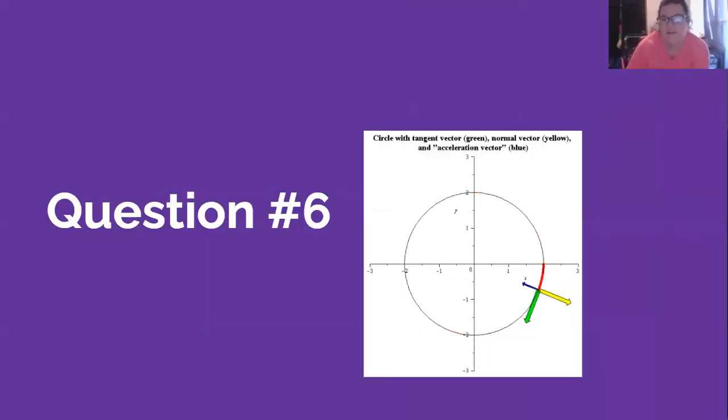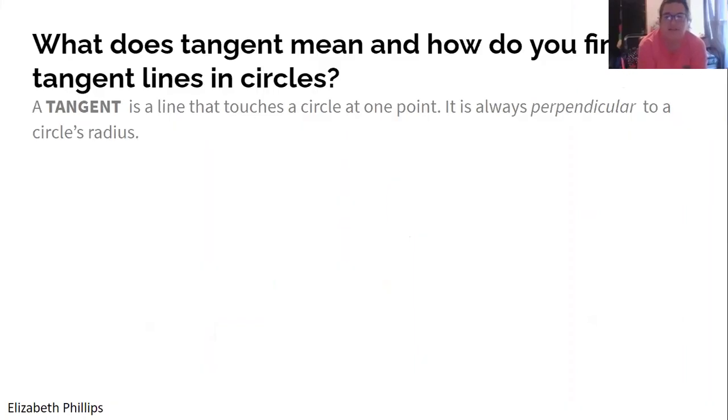Now we're going to go to question 6. Elizabeth, what does tangent mean and how do you find the tangent lines in circles? So tangent lines on a circle are pretty much just lines that only touch the circle at one point, and they create a right angle or they're perpendicular to the circle's radius.